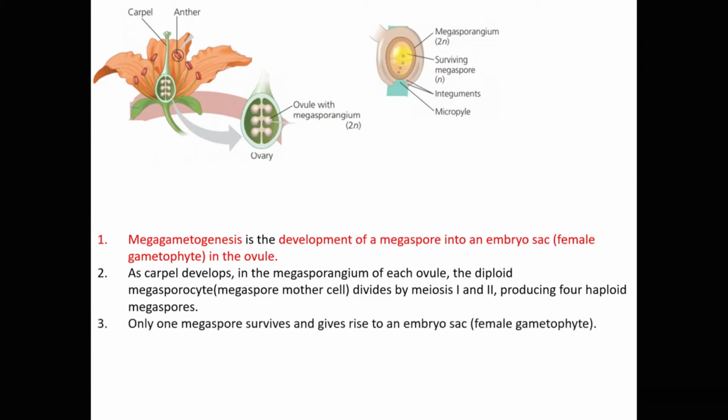Out of these 4 megaspores, only 1 will survive and develop. Eventually it will give rise to an embryo sac, which is the female gametophyte.